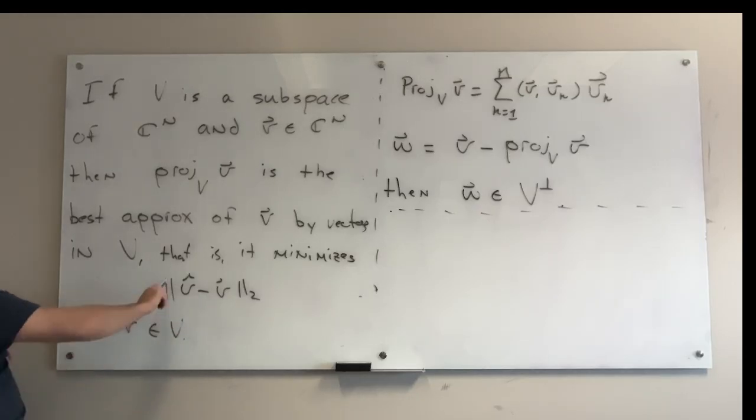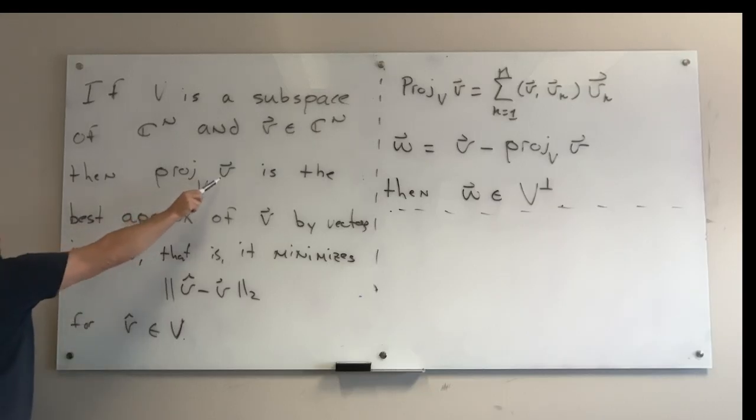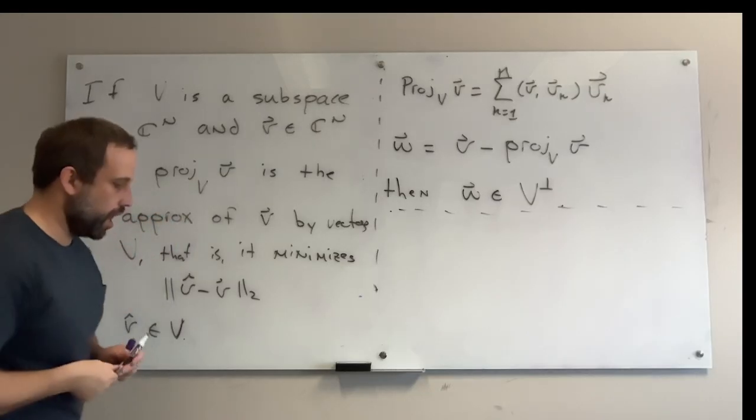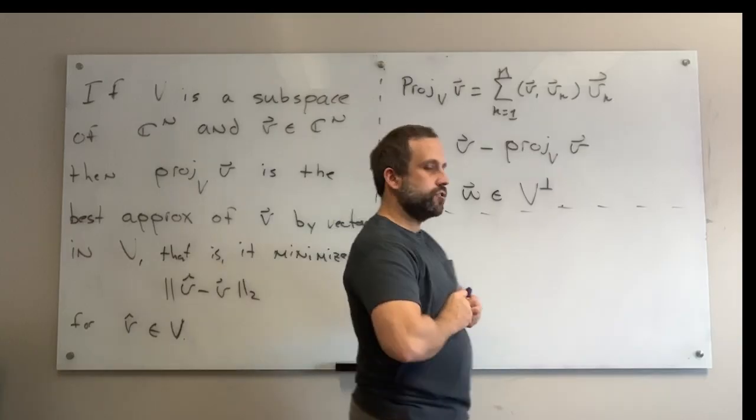If we look at all of the v hats, all of the vectors in our subspace V, the one that minimizes this is going to be when v hat is equal to the projection of little v onto the subspace V. Okay, so this is why we care about that.